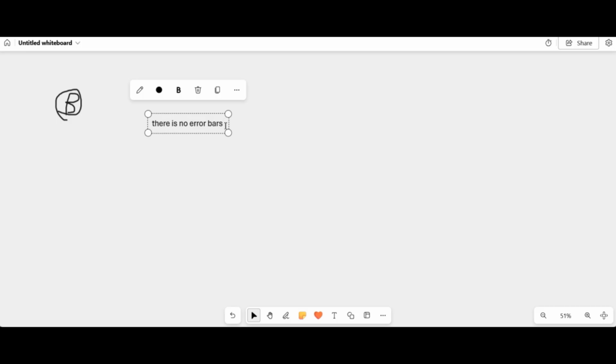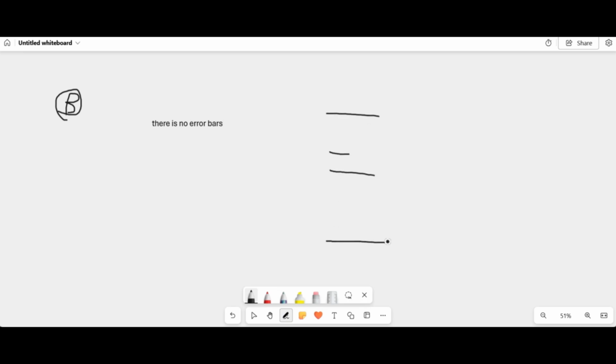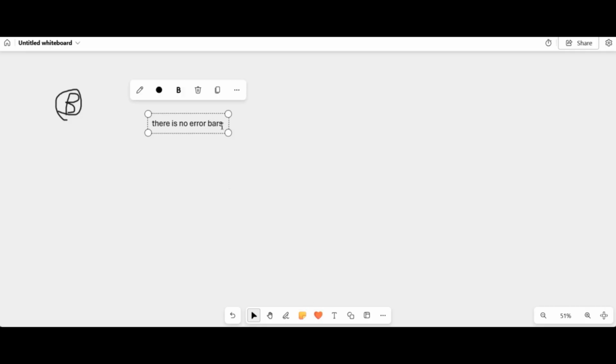So you draw error bars above and below, and if they overlap, and this one overlaps with that one, that means there's no significant difference between them. So that's what you need to write: there are no error bars here, which are needed to show if there's overlap, which means it is not significant.